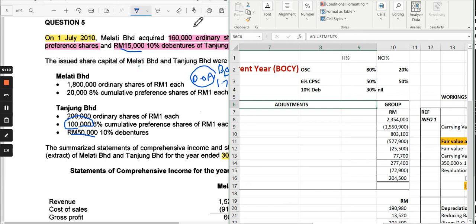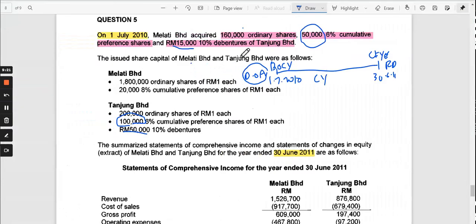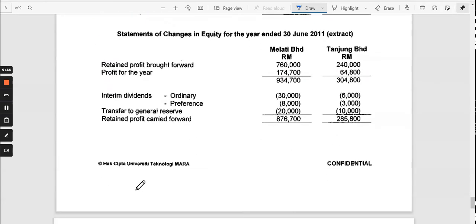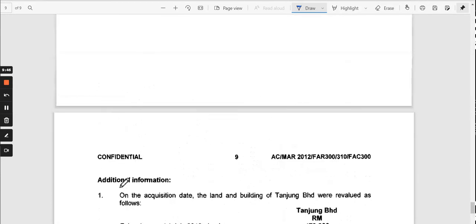So after you have done that, what we will do is go on doing the combination of income and expenses. So you can combine first these items: revenue, cost of sale, operating expenses, finance cost, investment income, before you do any consolidation adjustment. You can do that first in your template, and after you have done that, then we can go on doing the consolidation adjustment.